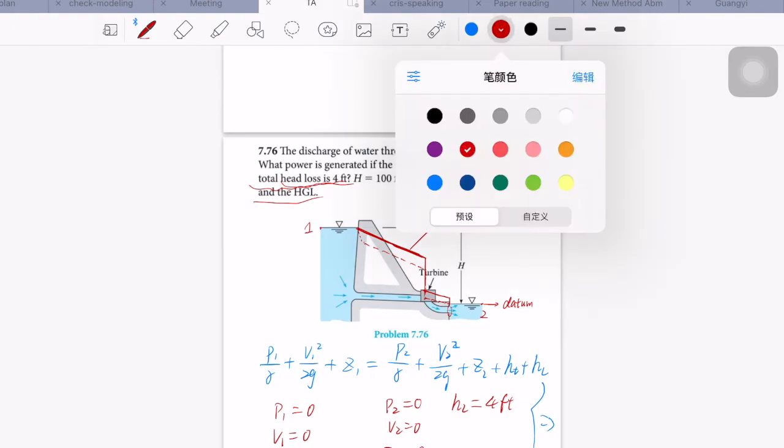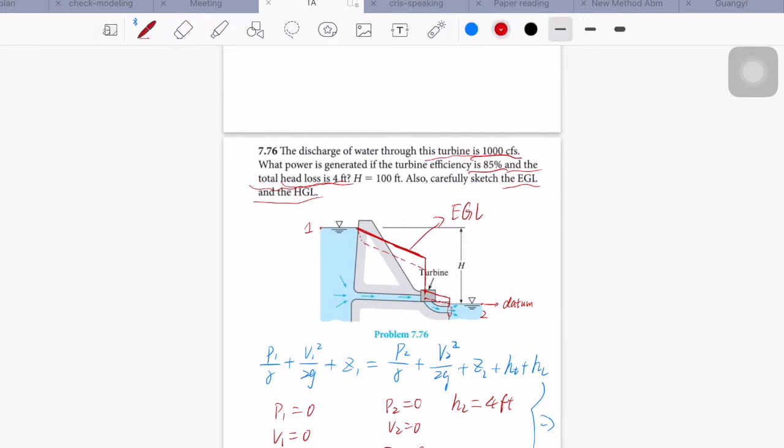So the red dash line is the HGL. And at the lower water surface, the EGL and the HGL are at the same location, at the same elevation at the lower water surface. So we finish this problem.